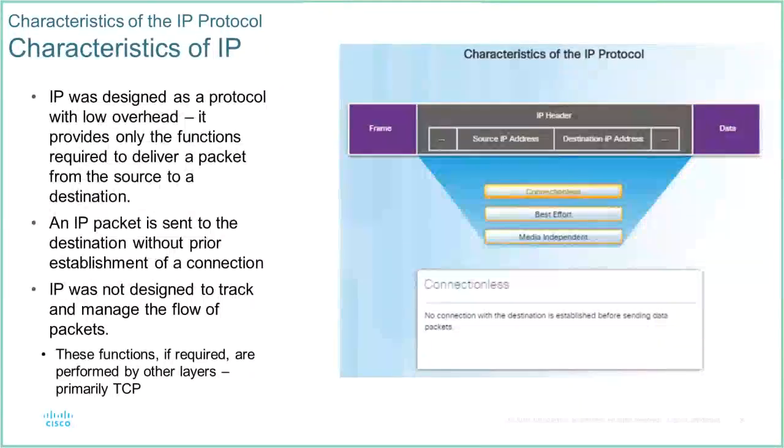It is connectionless in that it doesn't need a response from the recipient before starting its communication path. It's like the mail. You just drop it into the letterbox and hope that it gets to the other end. Okay? So all that error detection and correction is done up in TCP.